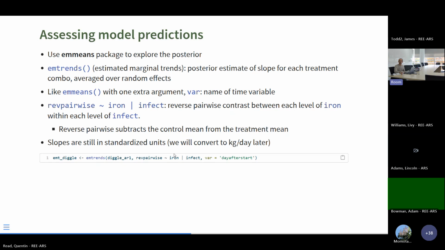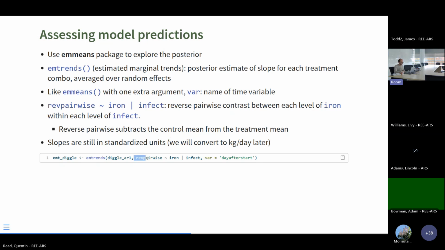And I'll note, to address a question we had earlier, that these slope values are not going to be in kilograms per day anymore, right? Because we have standardized, we scaled the weight variable to be in standard deviation units. So it's actually going to be in standard deviations of weight per day. But I'll show you later how to transform it back to something you can interpret.